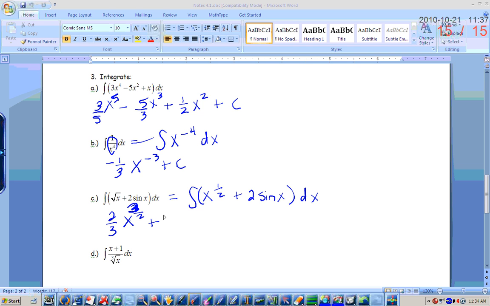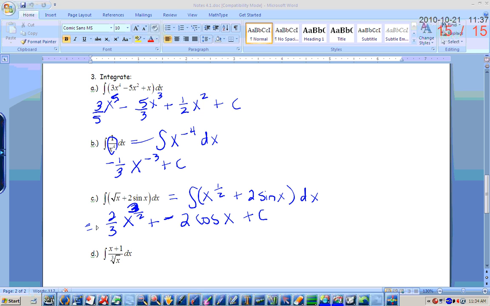What is the integral of 2 sine x? Negative 2 cosine x plus c. Yeah. It's just equals 2/3 x to the 3/2.